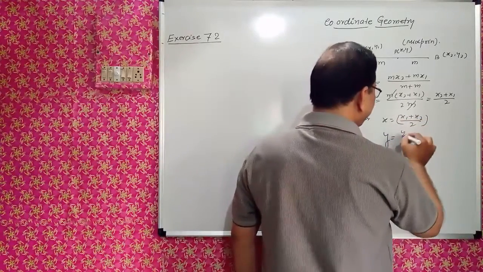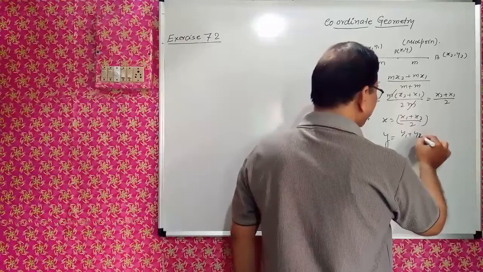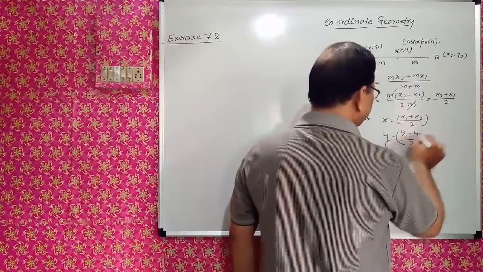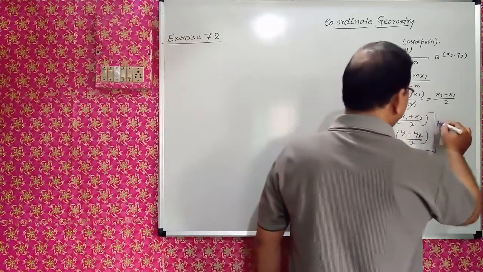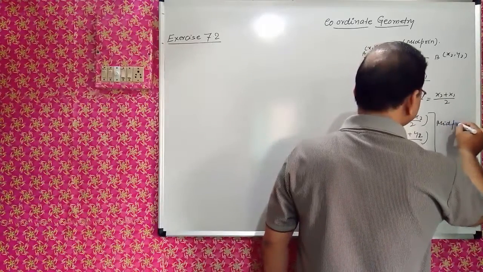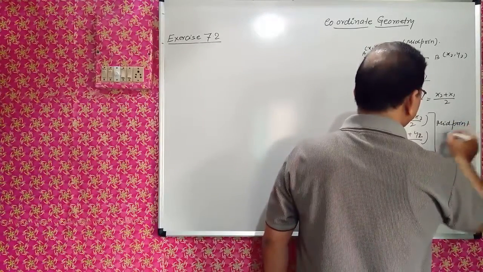Similarly, y we will get (y1 plus y2) upon 2. This is called midpoint formula.